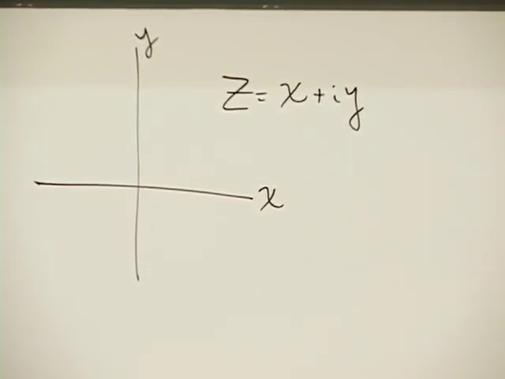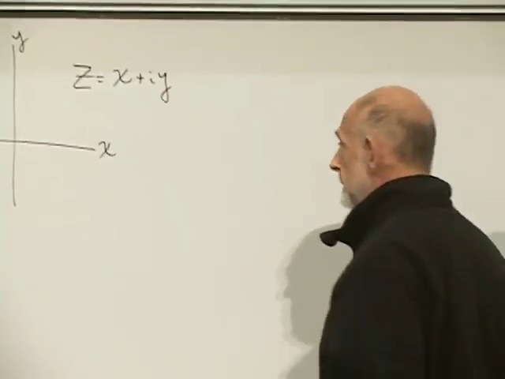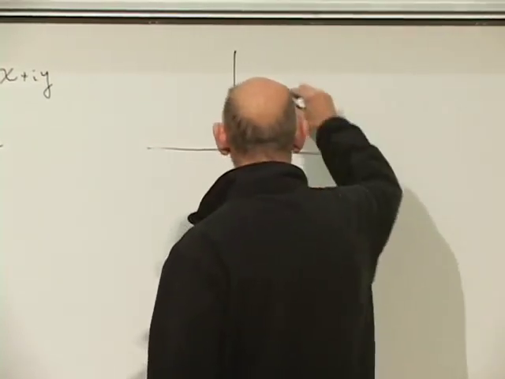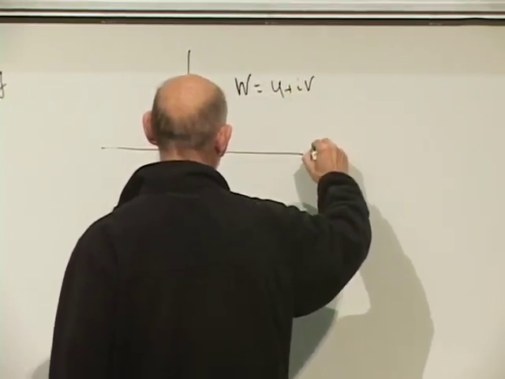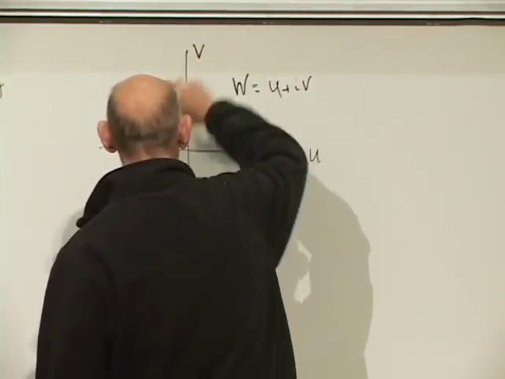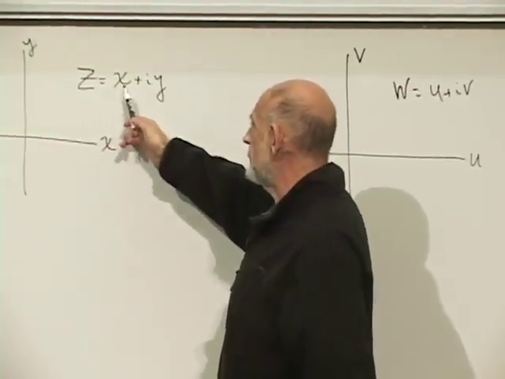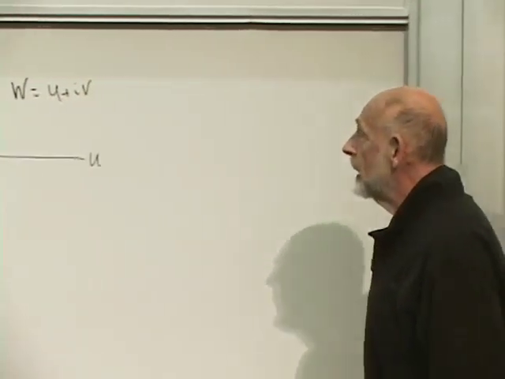Now, we want to do a mapping of the plane to itself, or a coordinate transformation of the plane. Here's the w plane over here. w is equal to u plus iv. This is u, and this is v. Incidentally, for obvious reasons, x is called the real part of z, and y is called the imaginary part. Likewise for u and v.